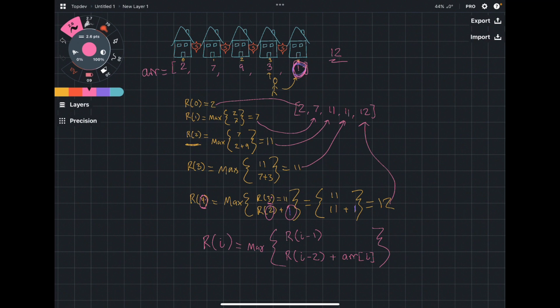But this is what I understand so far: we have a base case, which is a number here. Our base case at R of 0 is going to be 2. And from there, we're able to build up an array of basically the profits from whatever that one was. We actually have 2 base cases. It's basically the 0 and the 1 base case.